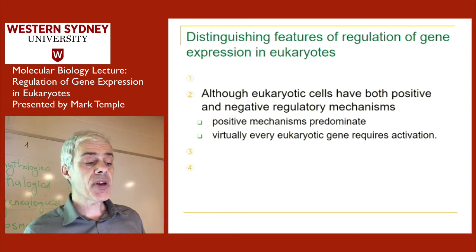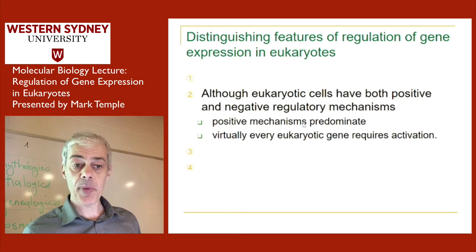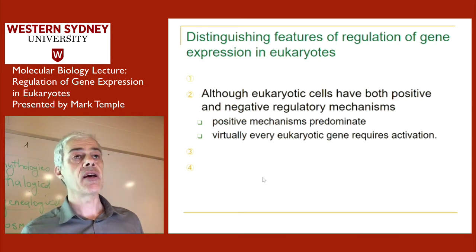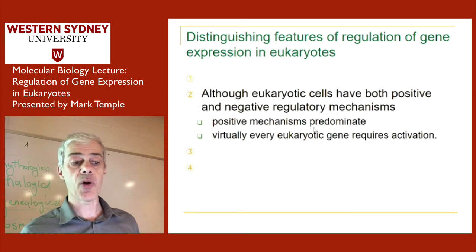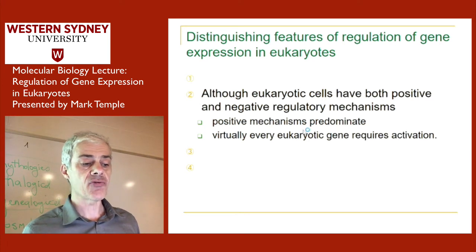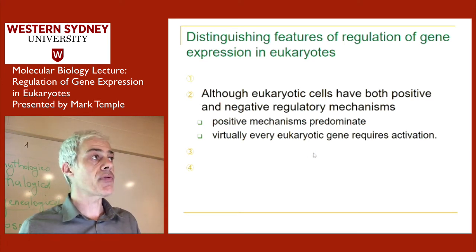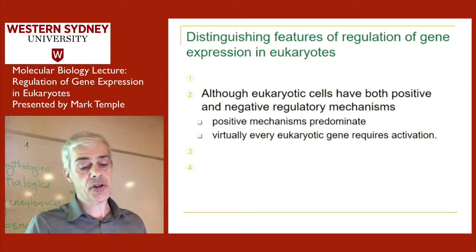But predominantly, positive mechanisms predominate. Genes are turned on because generally in chromatin it's hard to access them anyway, so you have to switch them on. So we talk mostly about gene activation rather than about turning genes off, because the ground state is off, so you have to turn them on.